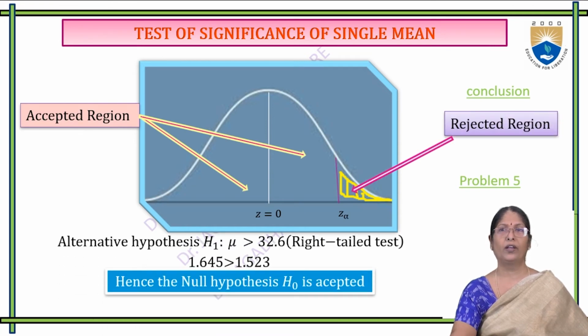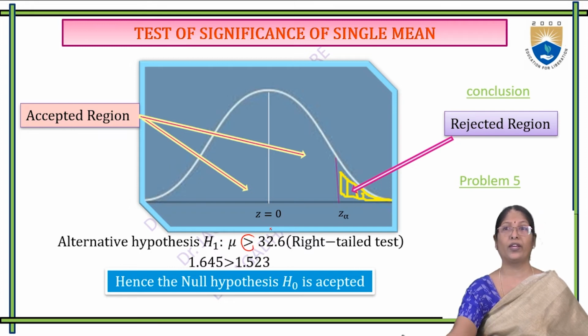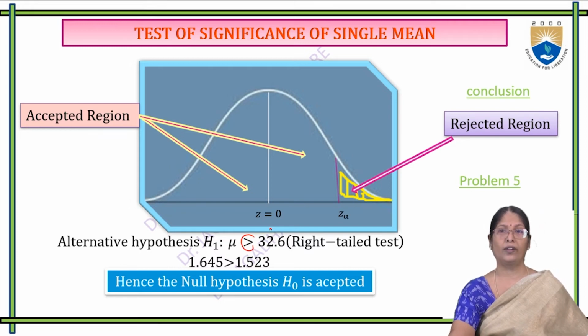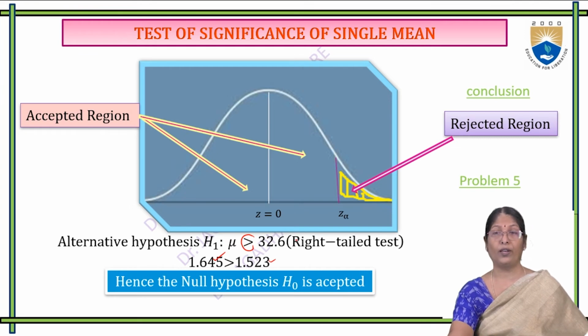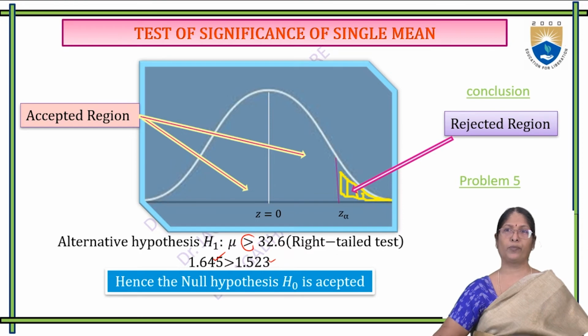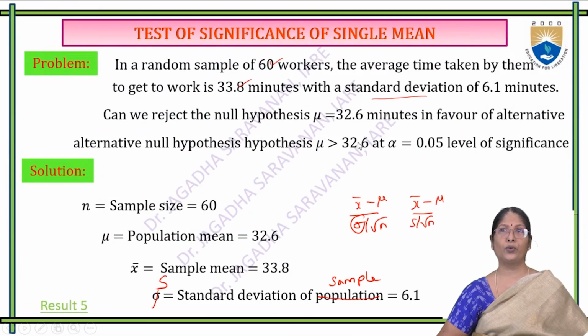First we took the null hypothesis, mu equal to 32.6, and took a right-tailed test, and our tabulated value is greater than the calculated value, so the null hypothesis is accepted.